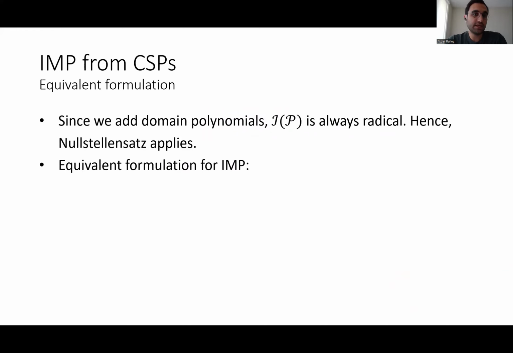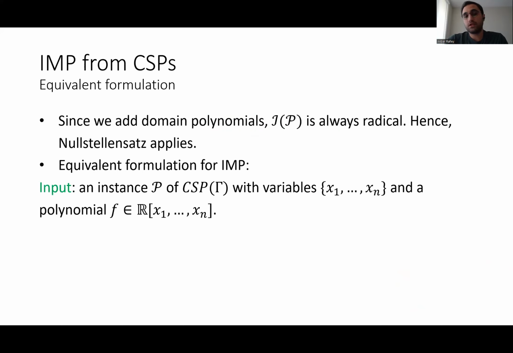Since we have these domain polynomials, the ideal is radical, and then we can use the weak Nullstellensatz, and we have an equivalent formulation for IMP. As before, as input, we have an instance of CSP gamma and a polynomial.